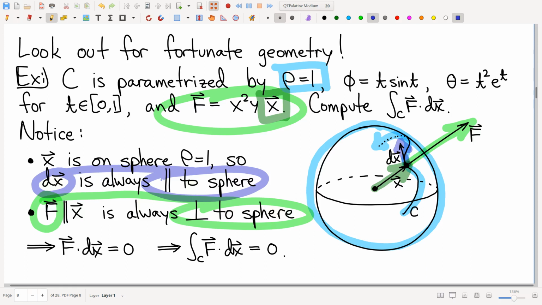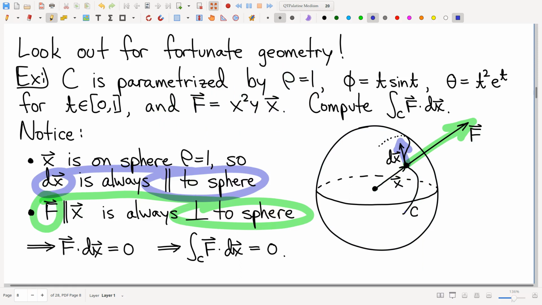So in fact, let's get rid of all the stuff we don't need. We're looking at this line integral right there. Notice the line integral involves the dot product. It's going to be this dot that, which is the dot product of two things that are clearly orthogonal. So that dot product is 0, which means the line integral is 0. We drop the pen and we walk away. No fuss, no muss. No nasty calculations.